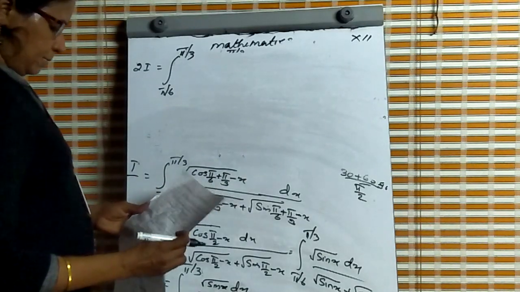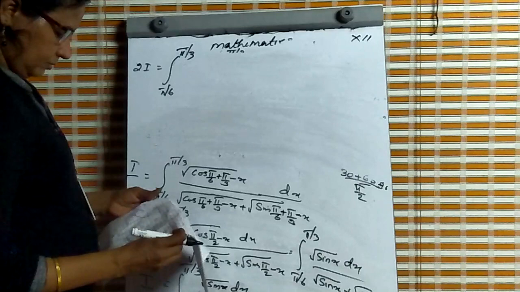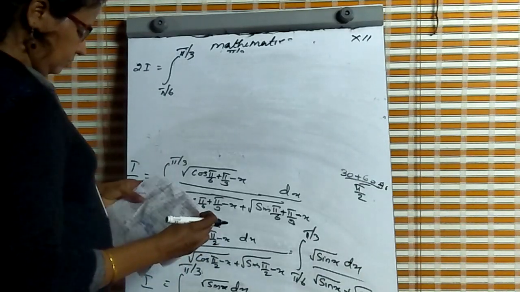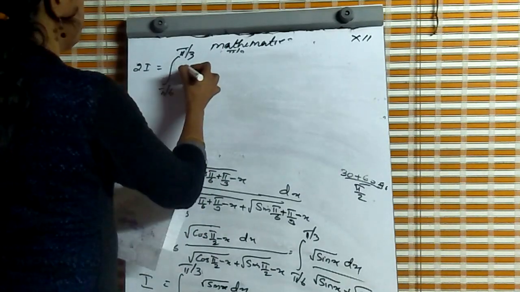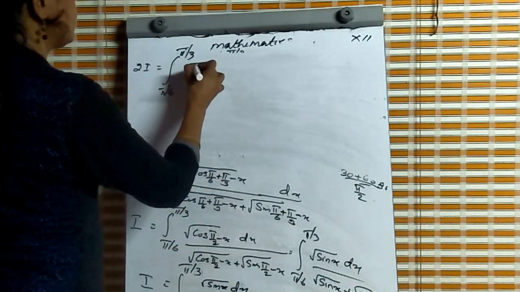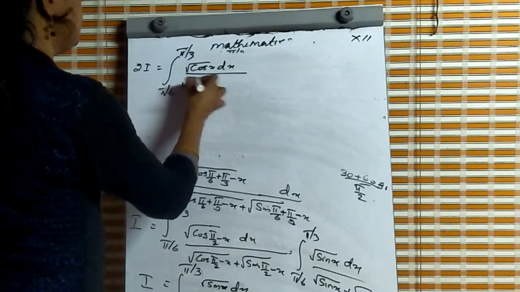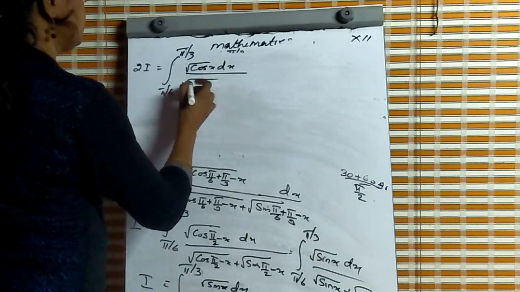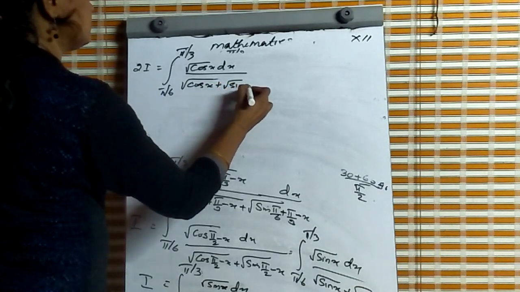Pi by 6 to pi by 3 of square root of cos x dx divided by square root of cos x plus sin x.